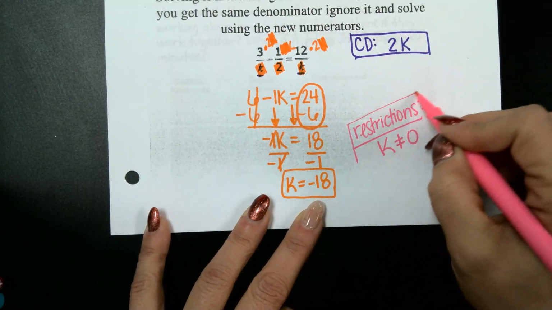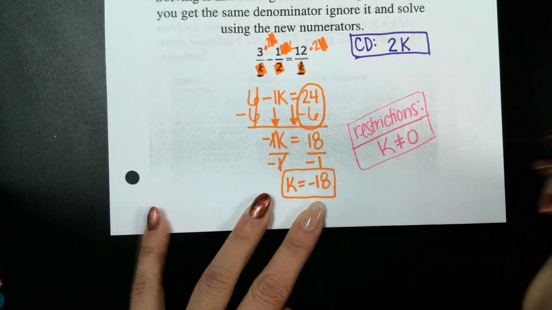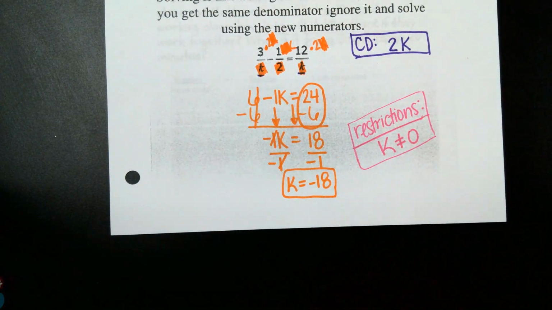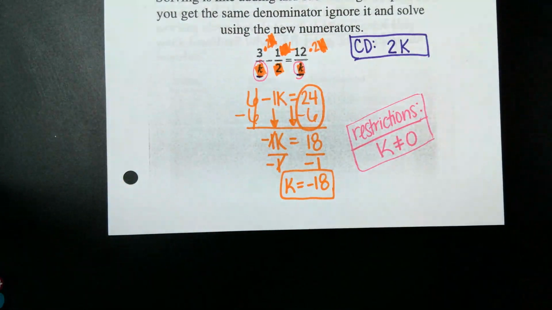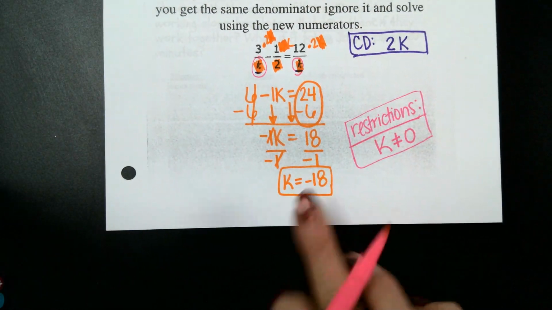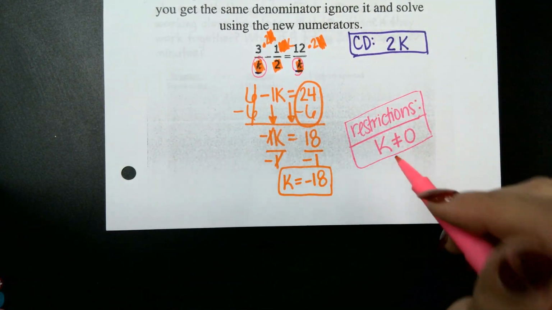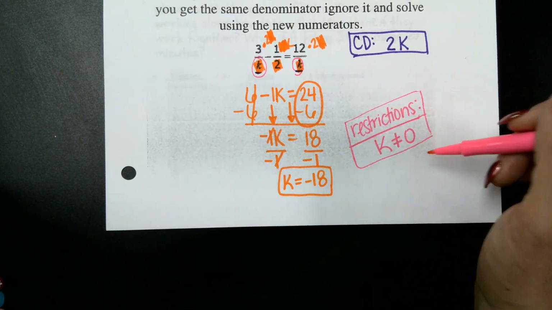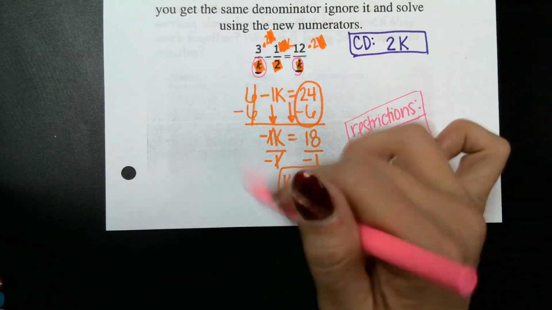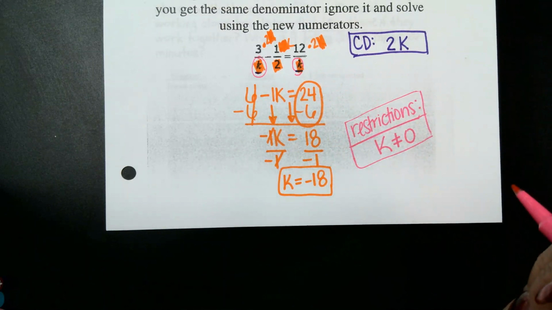That would be a restriction, but our final answer was negative 18. And if I plug in a negative 18 up here on the bottom, you're allowed to have a negative number on the bottom, so this negative 18 is fine. The only number that we would not be able to have as our answer is k equals 0. So you have to tell me what kind of restrictions we have, and we're going to solve. Okay? How's that? Is that okay?